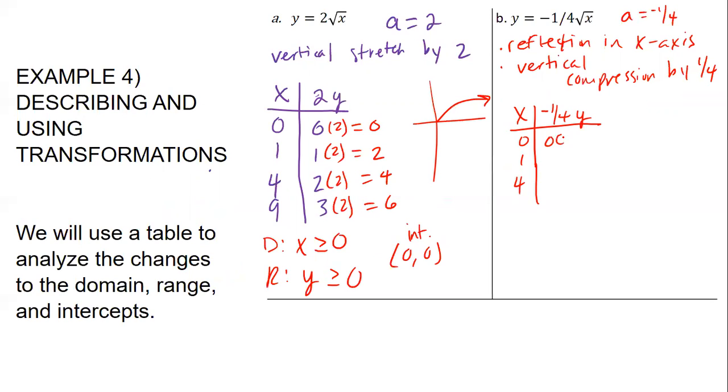So we have 0 times -1/4, 1 times -1/4, 4 times -1/4. So my new Y values are 0, -1/4, and -1.